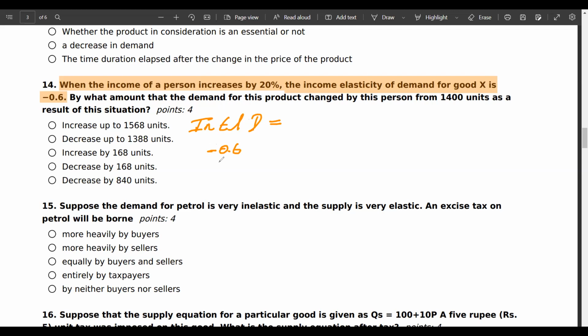And another thing they say is this minus 0.6 is the income elasticity of demand when there is a 20% increase in income, sorry, income of the consumer. As a result, we get minus 0.6 as the coefficient when the consumer's income increases by 20%. Right? That's what they're saying.